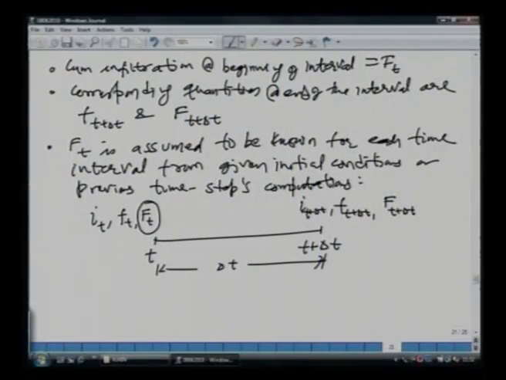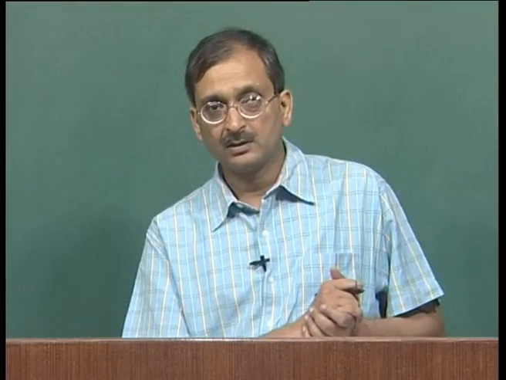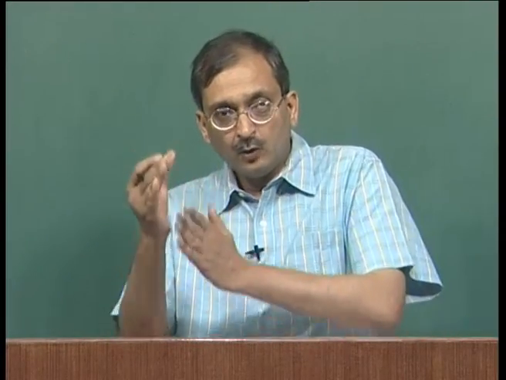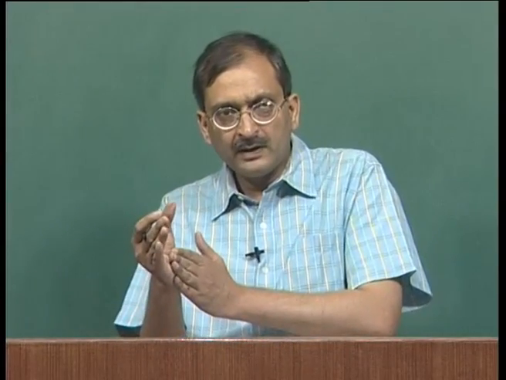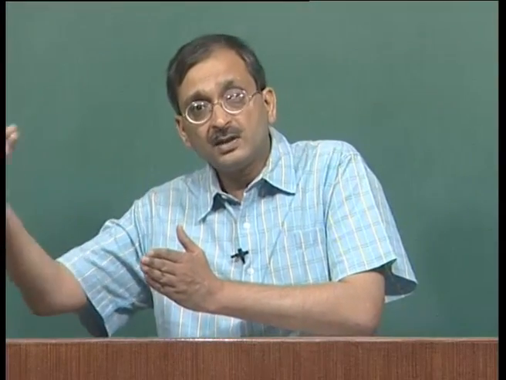Well, in the beginning, when there is no rainfall at t equal to 0, we know the initial conditions. Initially we would know the cumulative infiltration, which is 0. So, we get started for the first time interval, and we will find out everything at the end of the time interval. Once we know the cumulative infiltration at the end of a time interval, that becomes the initial condition for the next time interval.